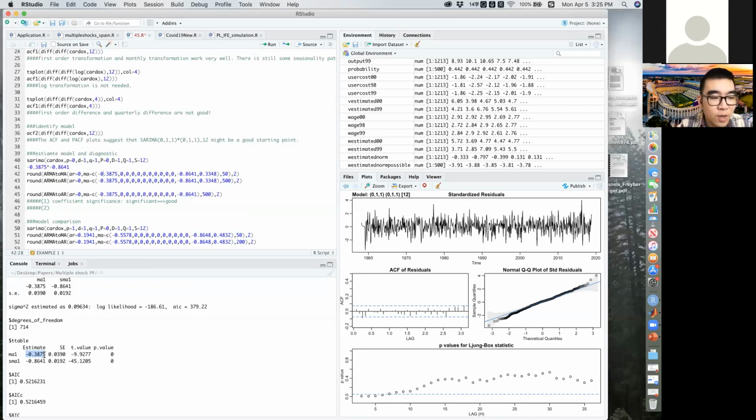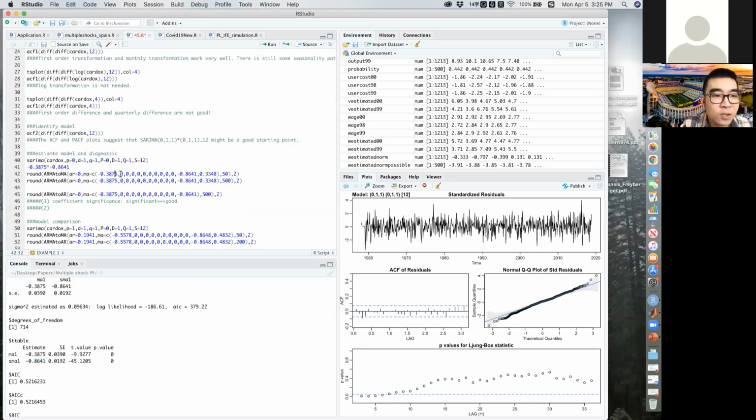Part number 1 is the regular MA, so this is MA1, and we put negative 0.3875 here. We also know that there's a seasonal part, and the coefficient for the seasonal part is negative 0.8641, at lag number 12.